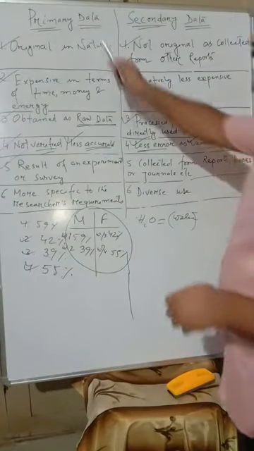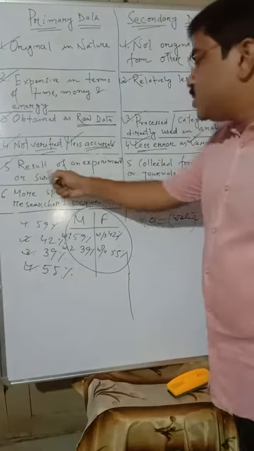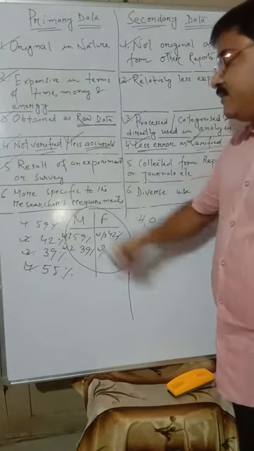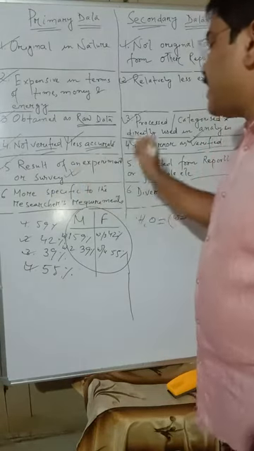Now we are having that result, so it is the primary data. So the result of any experiment or survey is called primary data.